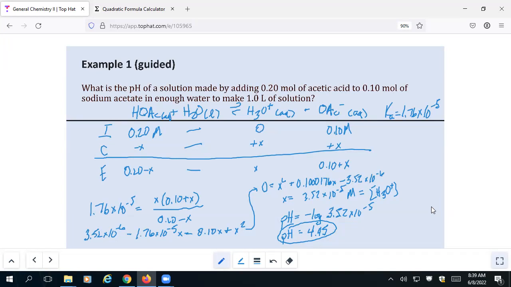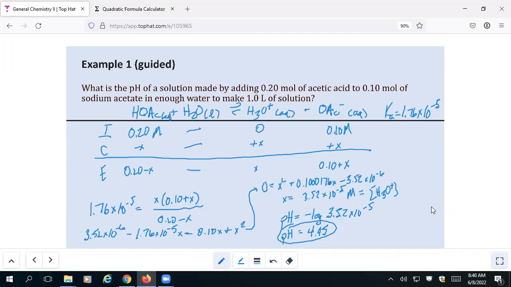So when we have these common ion effect problems, they can often present difficulties in terms of just how to approach them.